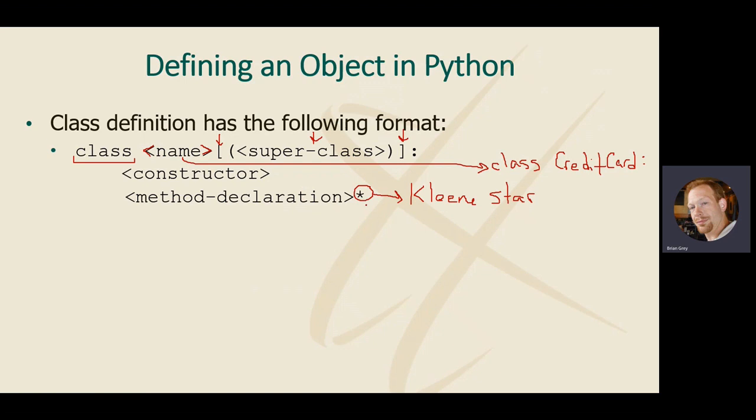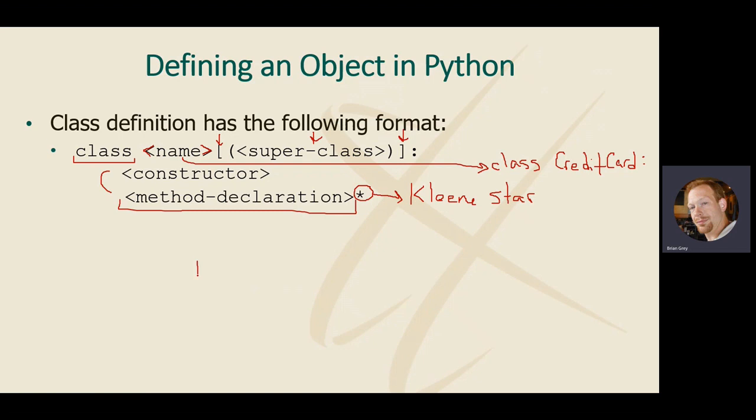But what this means is 0 or more. Right? You've probably used this whenever you're in a file system and you want to get all the PDFs, right? You can do star.pdf. And the star, in that sense, means 0 or more of anything, 0 or more of any character, right? So in this situation, this is 0 or more method declarations. And this order can switch, by the way.